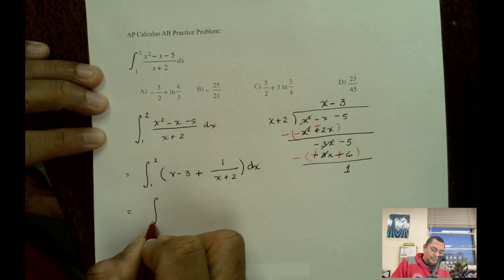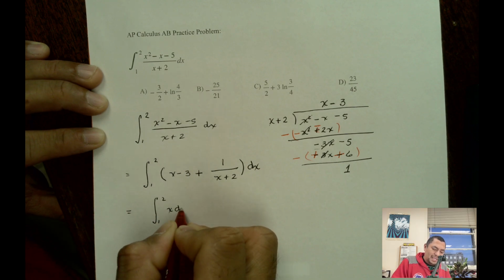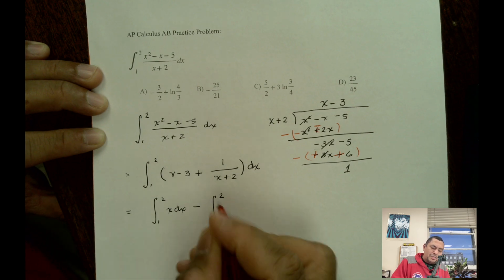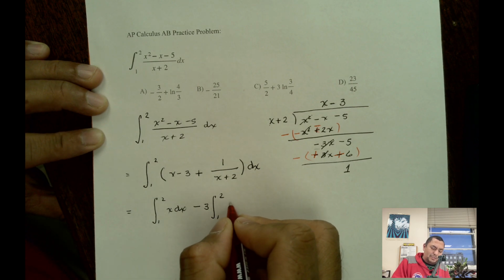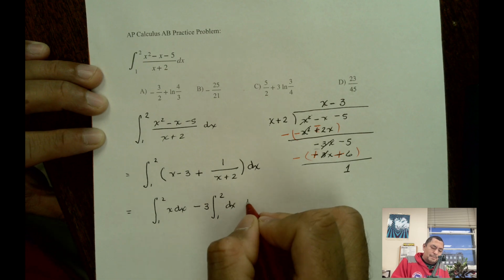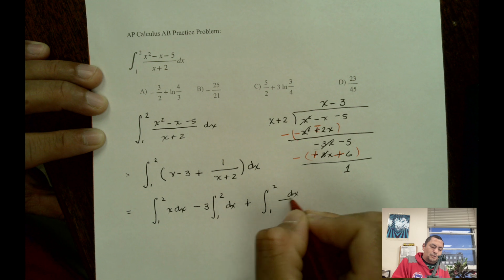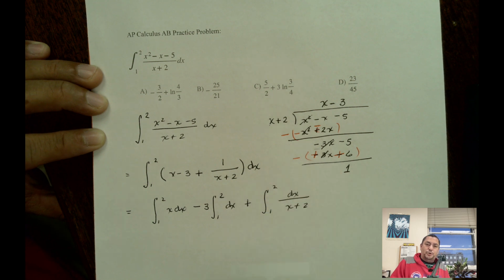So we're going to have the integral from 1 to 2 of x dx minus the integral from 1 to 2 of 3 dx. This is a 3, so I'm going to put it outside the integral sign. Plus the integral from 1 to 2 of dx over x plus 2.